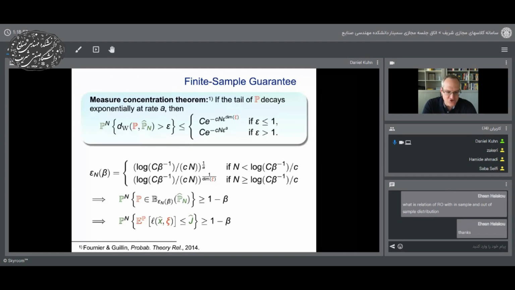Since the true distribution is inside the ball with probability 1 minus beta, this maximum is larger or equal to the true out-of-sample performance with the same probability 1 minus beta. So that means our approach really gives us a finite sample guarantee. And this works even if the number of training samples is finite, not like in the SAA method, where we need an unrealistically large number of samples to get a reasonable guarantee. Okay?